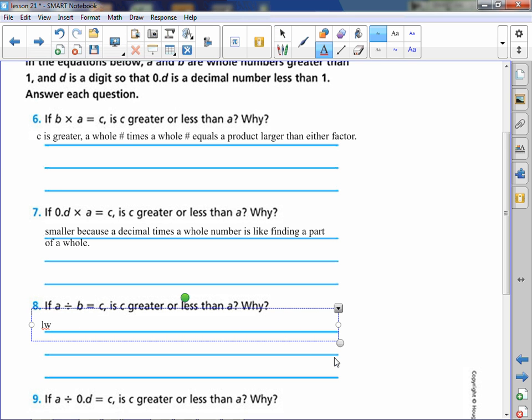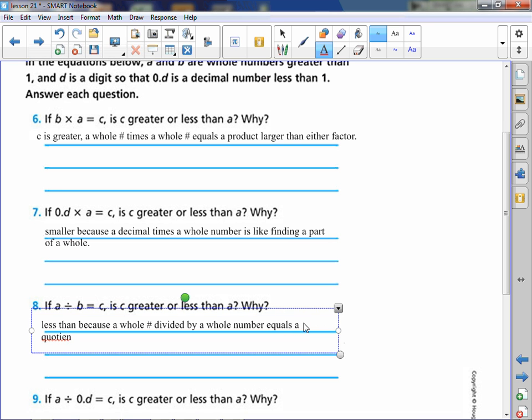Okay, less than, because a whole number divided by a whole number equals a quotient smaller than the dividend.